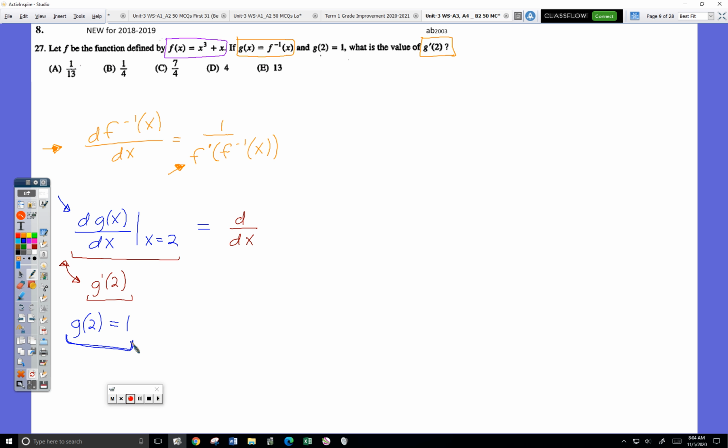So what Autumn noticed was they tell me that g of x is exactly the same thing as f inverse. So right here where I've written d over dx of g of x, wherever I see g of x, I can put f inverse instead because they have been declared to be the same thing.